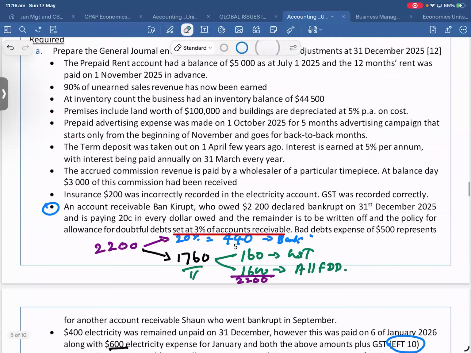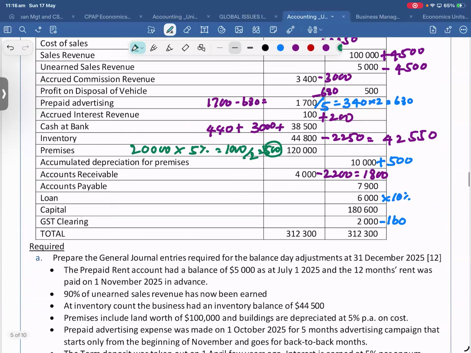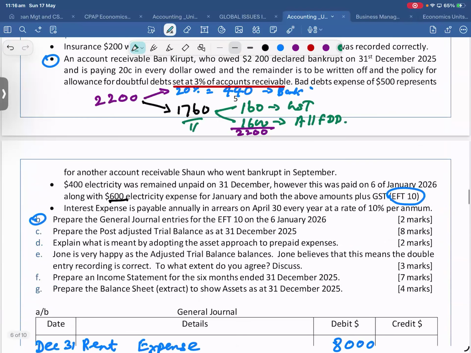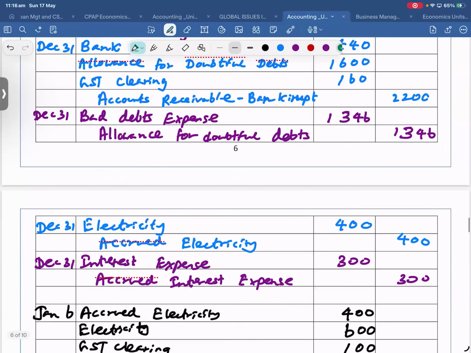Right. Next one, we were doing bank, yes. Bank will be how much? 41,940. Yep. 41,940 is the bank. I hope we don't have any other bank.